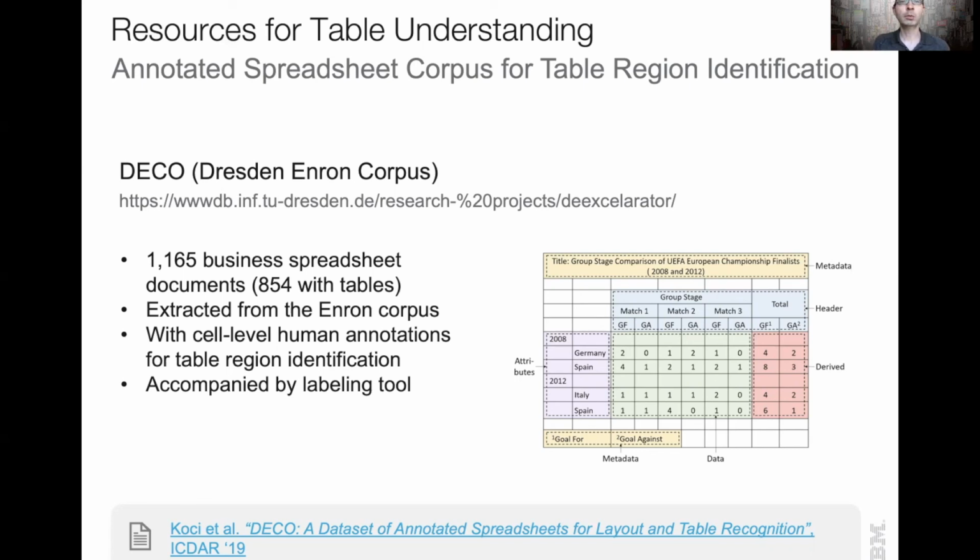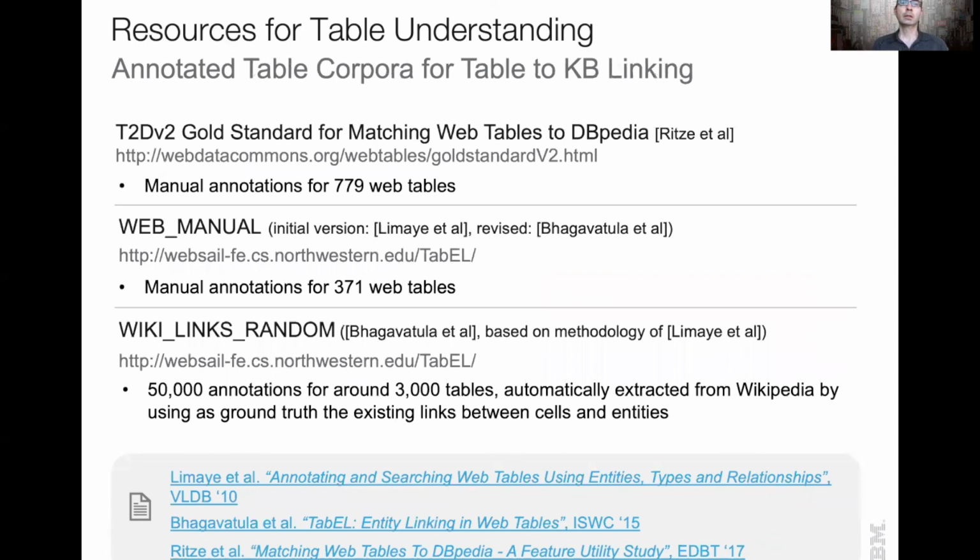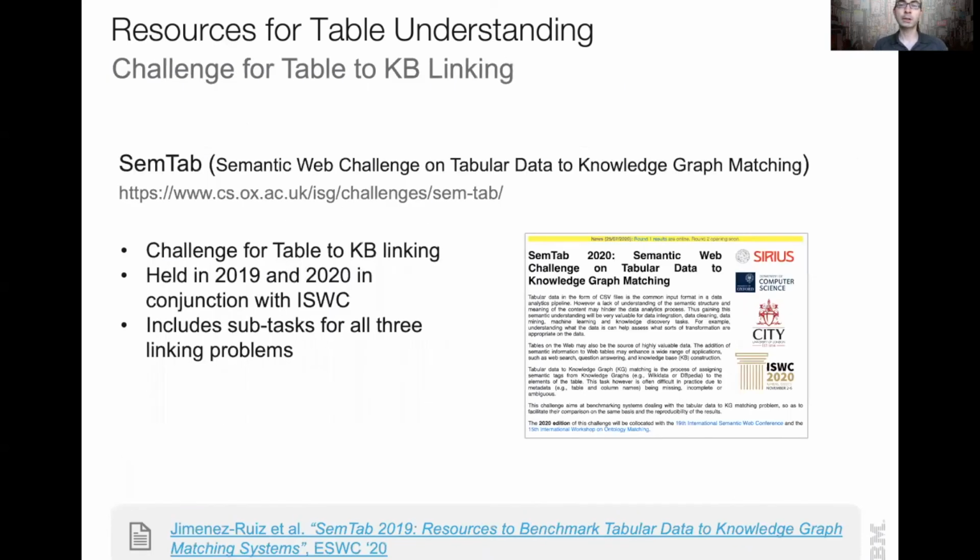When we're talking about annotated ground truth data, if we go to the table to knowledge base linking subcommunity, we will also see that there are a few annotated datasets there. Here you can see a few examples, some smaller than others, but it's important to see their presence. It's also important to see that this subcommunity has created challenges.